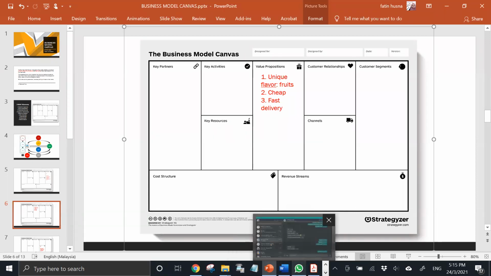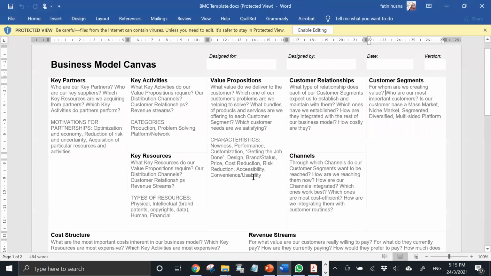All right, next is, okay, let me see this one. What value do we deliver to the customer? Which one of the customer problem that we are helping to solve? So basically, if you want to put uniqueness, maybe you can actually think about what is the customer problem that you are solving. I think when it comes to raya cookies, not much lah.